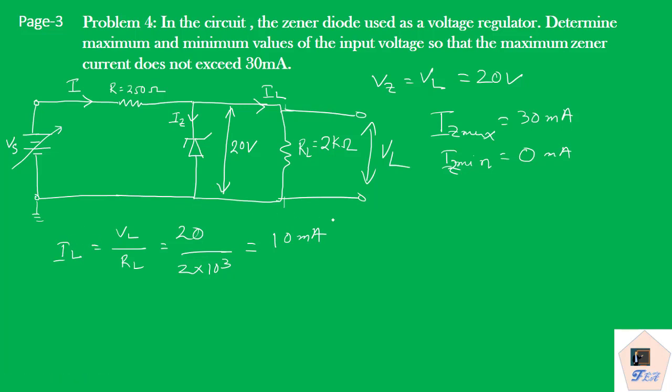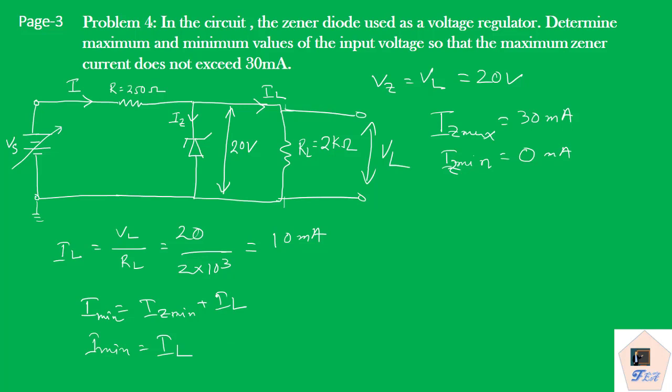So now under these circumstances, we find the I value, or I minimum value, you can say. I minimum value should be Iz minimum plus IL. Since Iz minimum value is not given, we are considering it as 0 milliampere. So I minimum could be equal to IL.